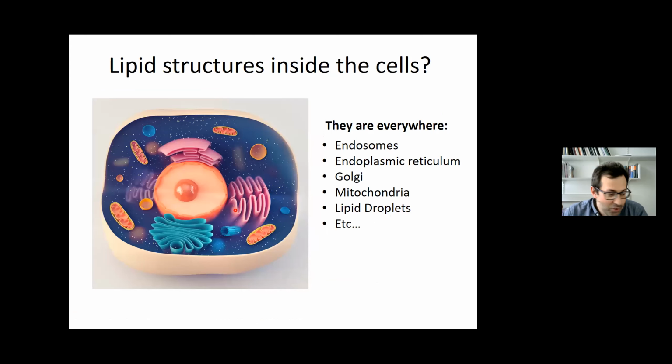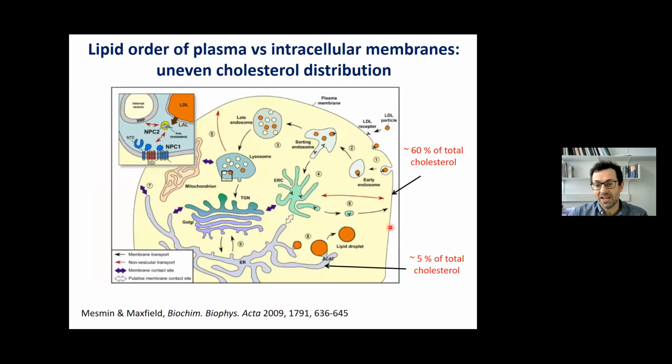Okay, so now we go to the main story. I just wanted to introduce our continuous effort to study the membrane surface, but there are also lots of other membranes inside the cells, in endosomes, endoplasmic reticulum, Golgi, mitochondria, etc. And why it's interesting to target them is that their lipid organization is very different in different organelles.